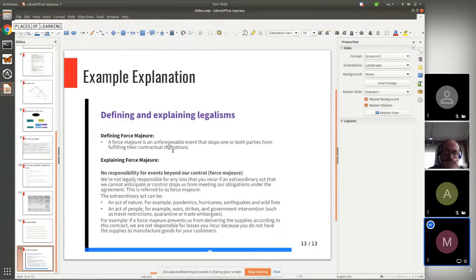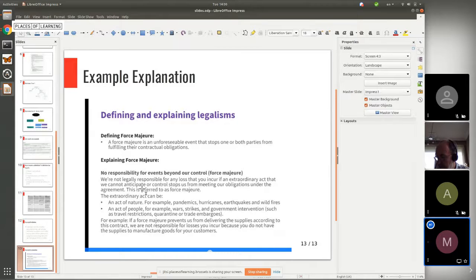It takes longer than a definition, but a definition is more succinct, more precise. An explanation sometimes can include examples, so it's a bit longer. The consequence of that is that we keep the word. In this case, it is force majeure, and we explain it. This is an example of an explanation of force majeure. We keep the word and we explain it.